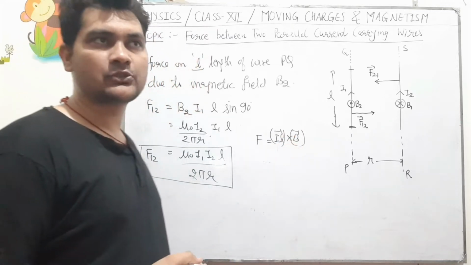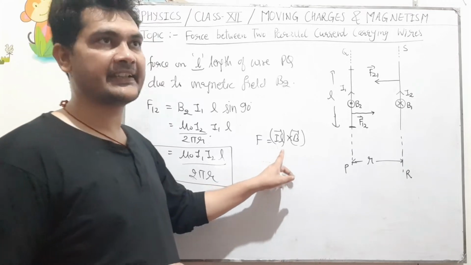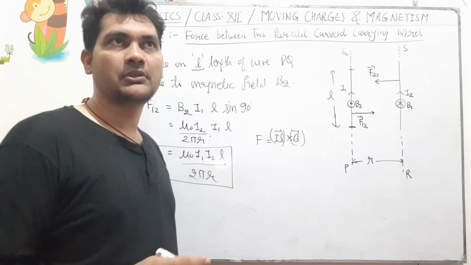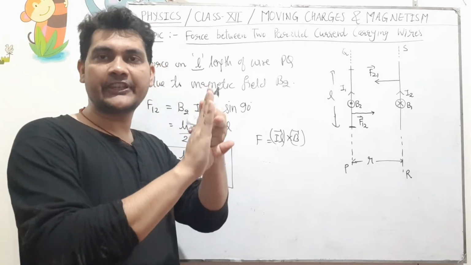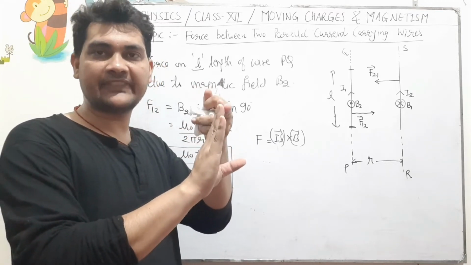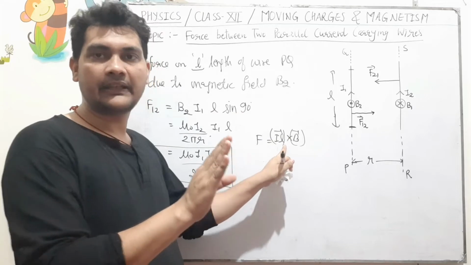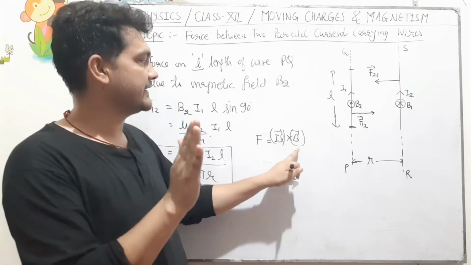Applying the right hand palm rule, you keep the fingers of the right hand towards the first vector, the IL vector, and the palm towards the second vector, that is the B vector.